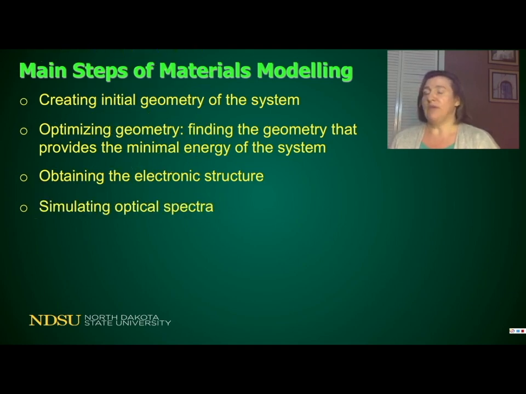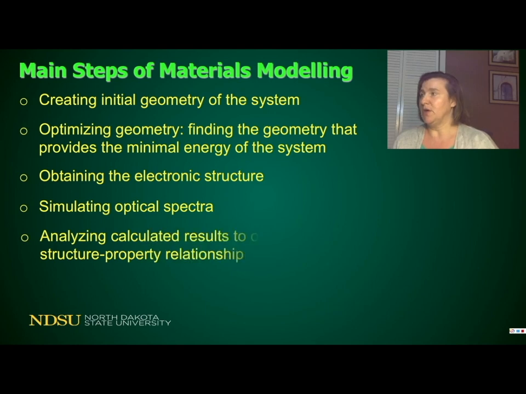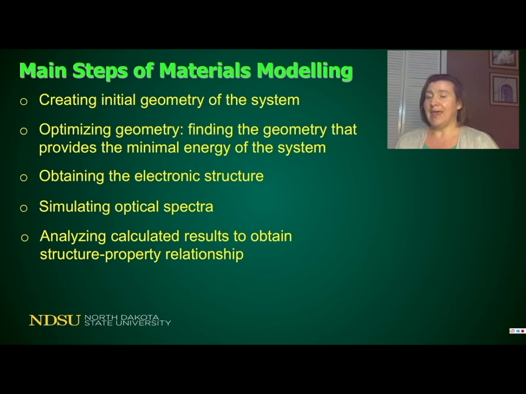Finally, we can simulate the optical spectra, which means absorption spectra or emission spectra of the system, and these spectra can be directly compared to experimental data if they are available. After we're done with all the steps, we can analyze our calculated results to establish the structure-property relationship, which means we will learn how some small chemical modifications to this molecule, to this system, can change the properties, and in our case, we're interested in the optical properties of the system.